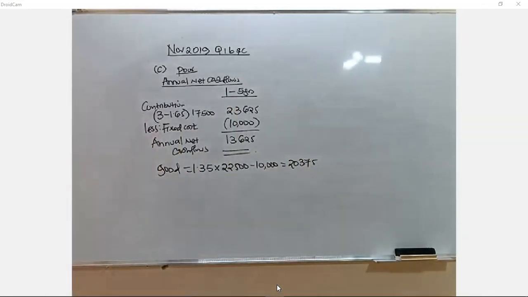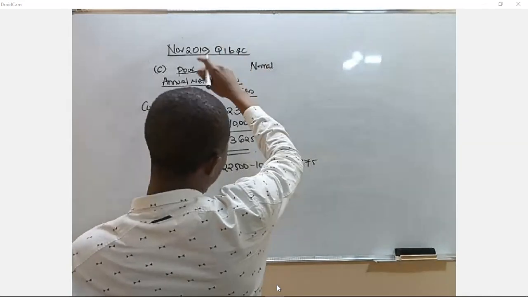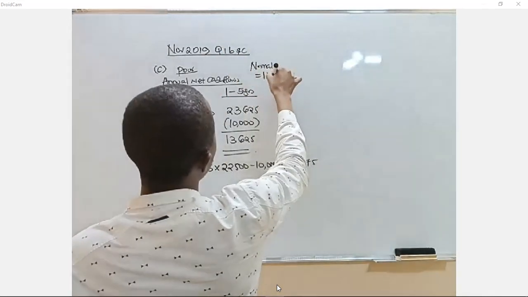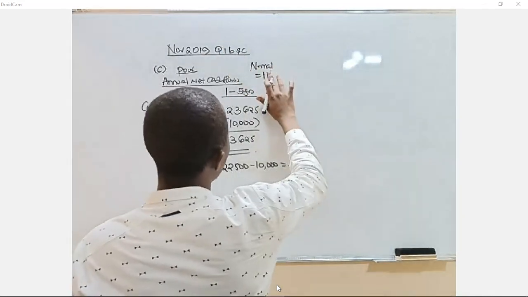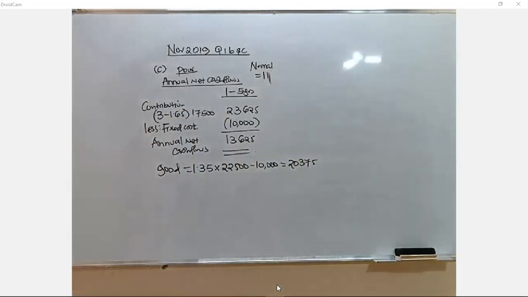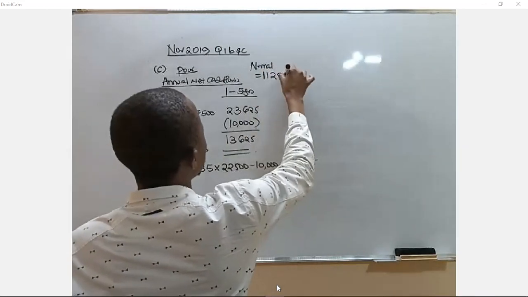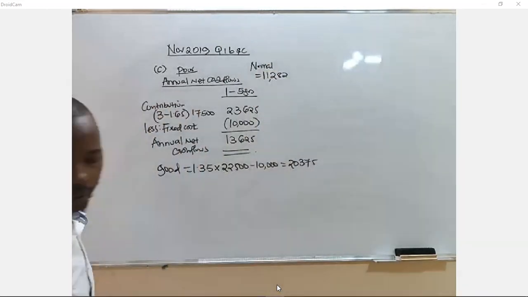20,375, right? Remember now, we are already having our NPV under the normal part. Remember the NPV remains. Yenye tumepata pale juu, which you got 11... It was 11,000? Let me confirm. It was 11,282. That is the NPV of the normal.